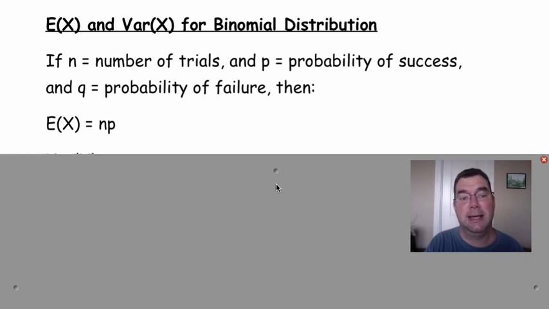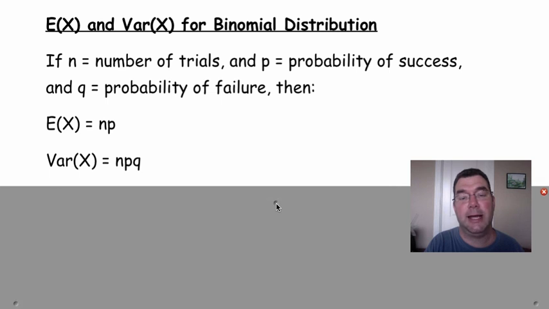That's it. And then your variance is going to be as simple as the number of trials times the probability of success times the probability of failure. That's it. So it will help you to remember those formulas, and they only apply to a binomial distribution, but if you know them, you might as well apply them rather than using the more complicated formulas that I gave you in the last video that apply to other discrete distributions.